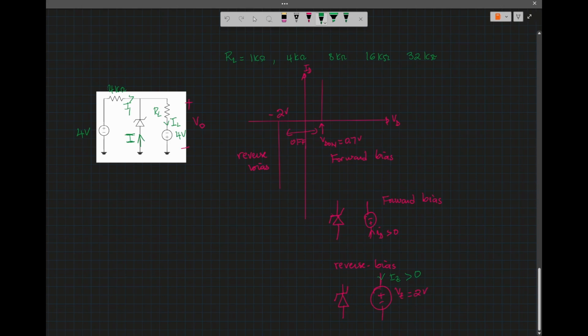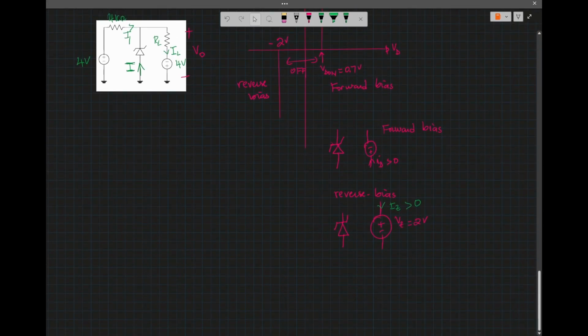So when it's in reverse bias, we are going to find the current IZ and see if the current is positive or not. If the current is positive, then it's indeed in reverse bias.